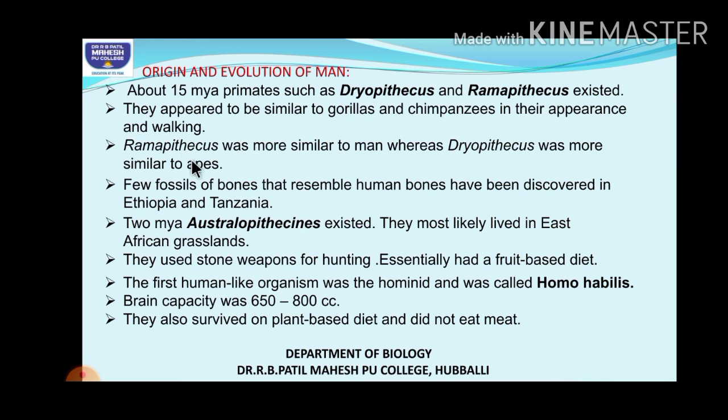For example, Dryopithecus and Ramapithecus were 15 million years ago. Then Australopithecus were found in the East African grasslands. Then came the Homo habilis, whose brain capacity was 650 to 800 cc. Remember they did not eat meat.